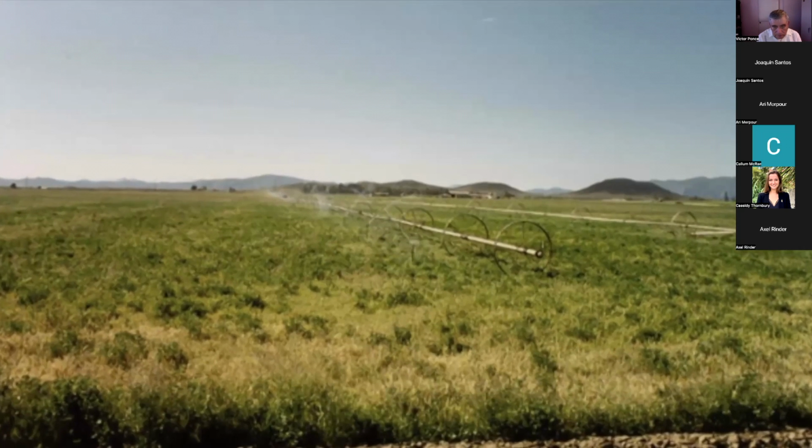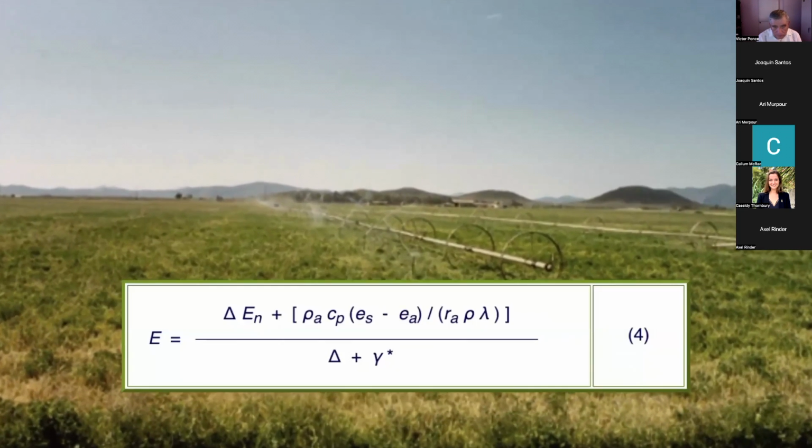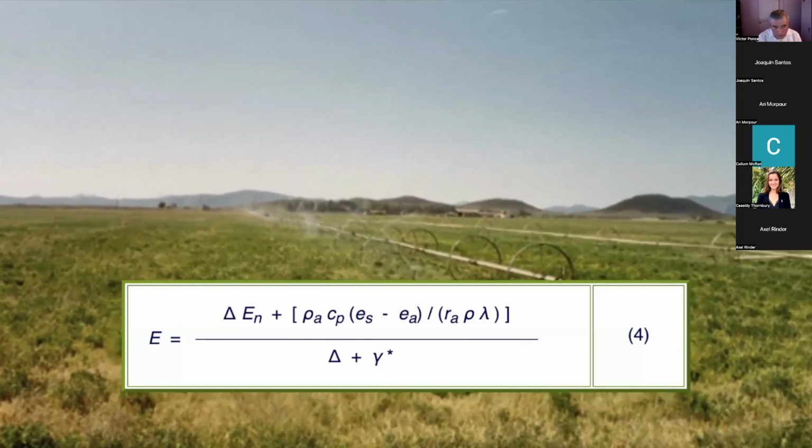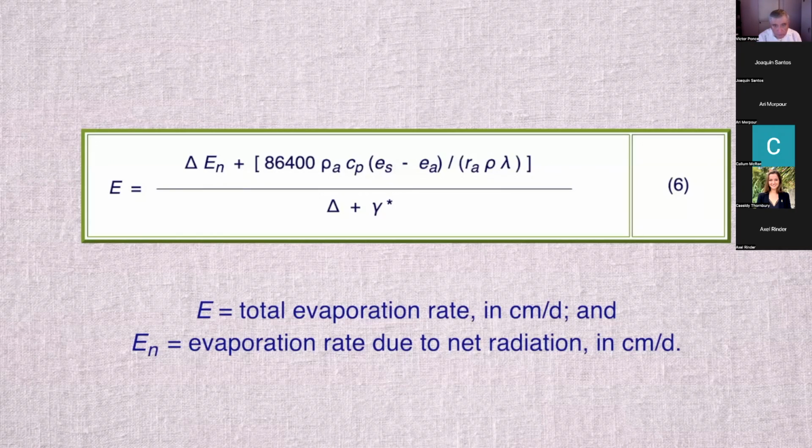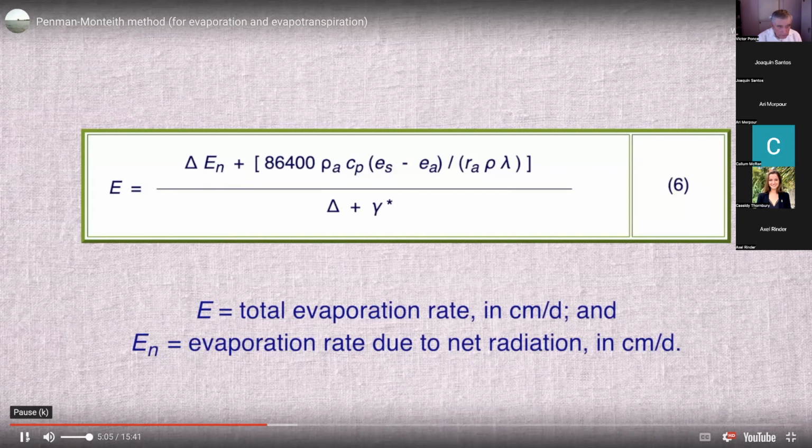In evaporation units of centimeters per day, equation 4 is expressed as follows. We are bringing in the constant 86,400 because it is the number of seconds per day, and we want to put it per day.